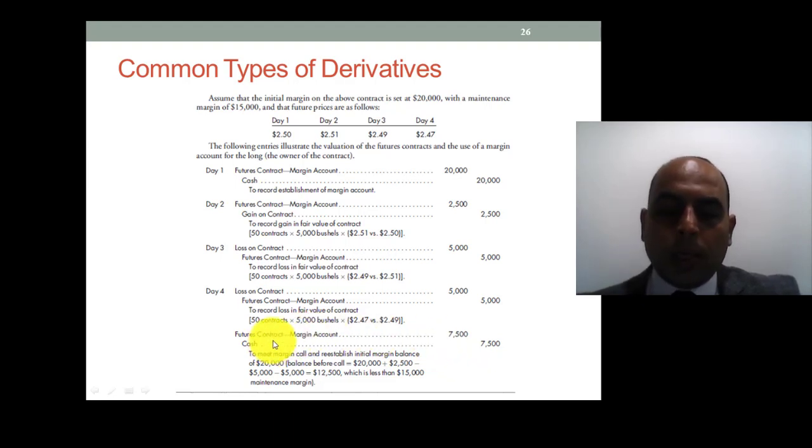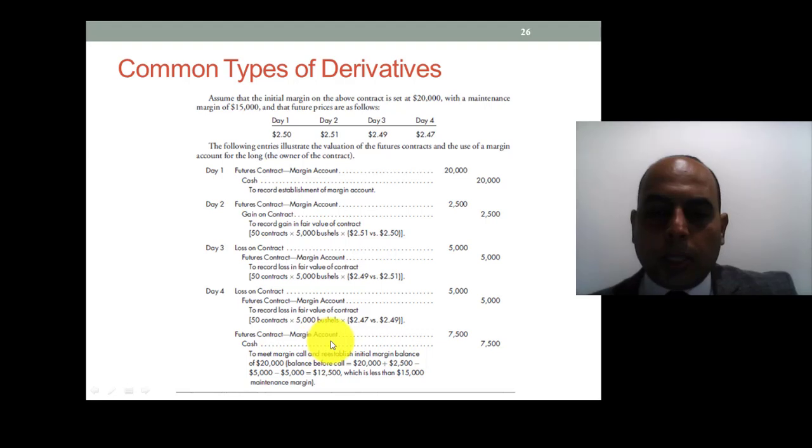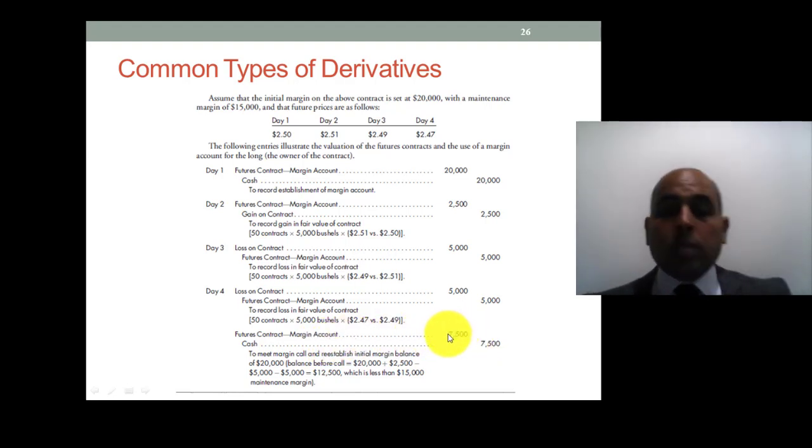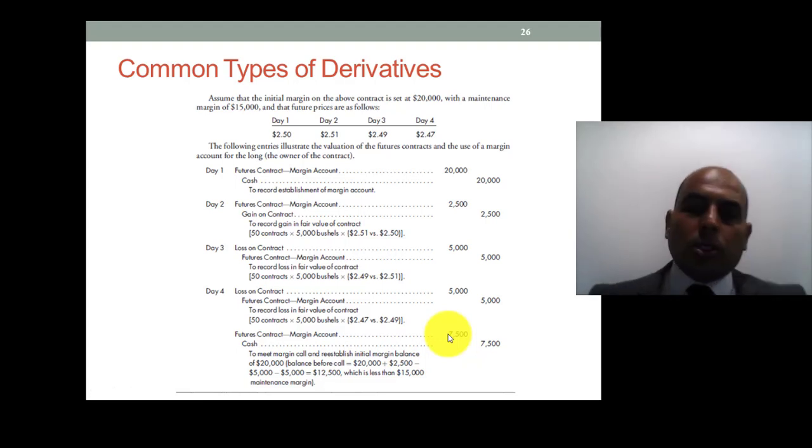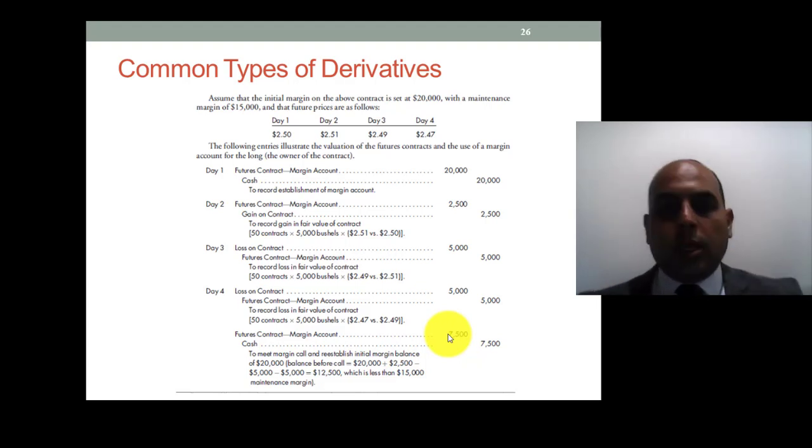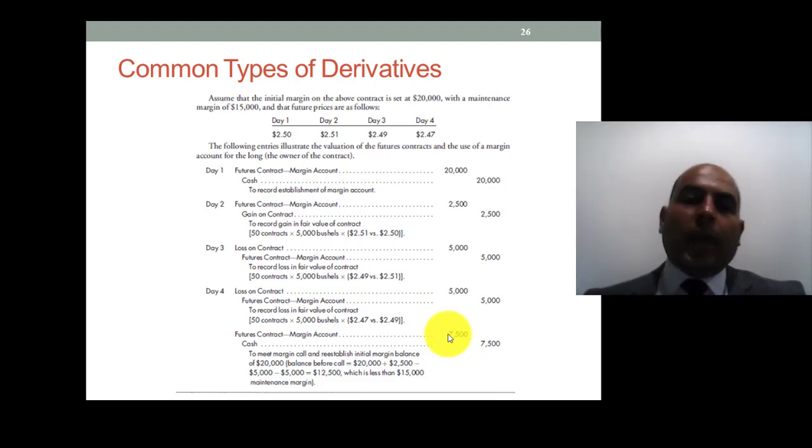So you have to pay 7,500, which will be debited to cash, and the future contract margin account will be debited by 7,500. This is to meet margin call and re-establish initial margin balance. Initial margin balance was 20,000. You have to maintain this as you agreed to sign this on the date of agreement.